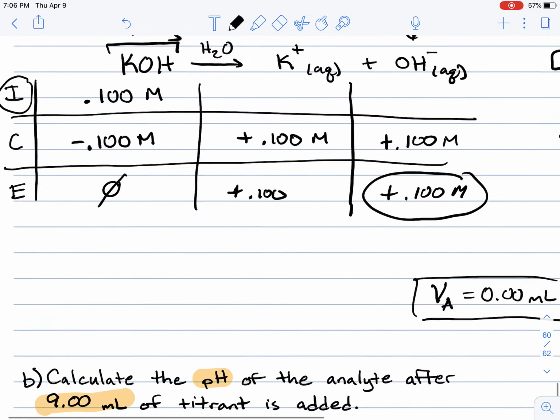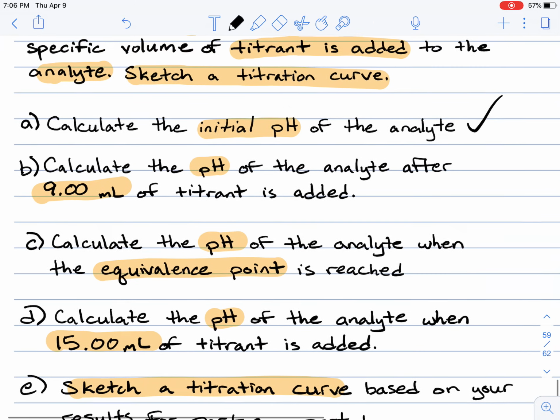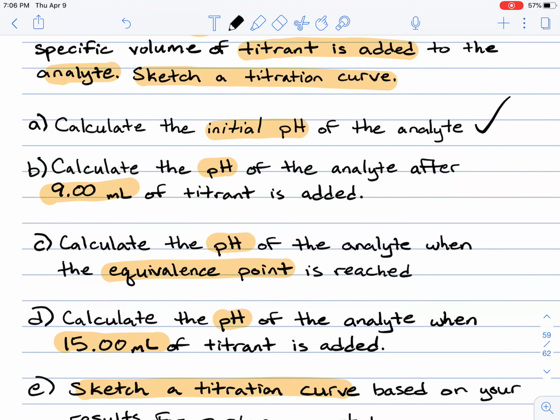So going back to our questions, did we calculate the pH of the analyte after 9 milliliters of titrant was added? Yes. We found that that was 11.963.